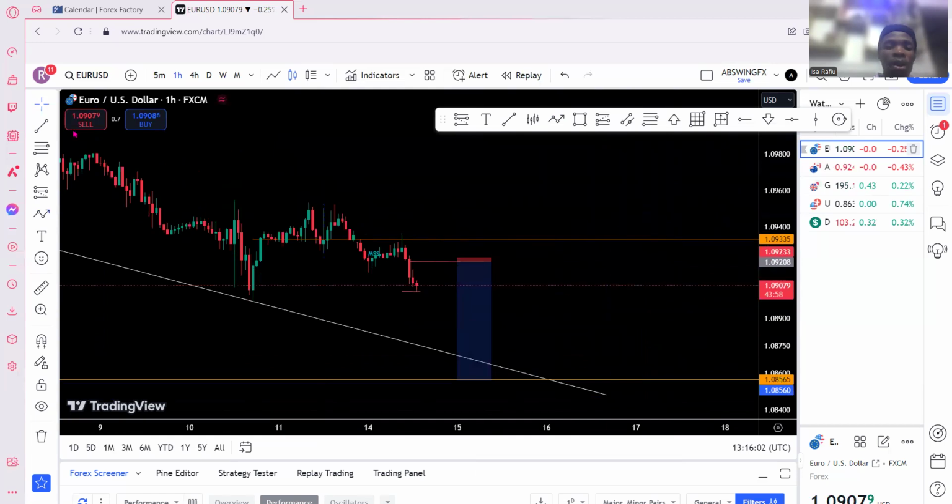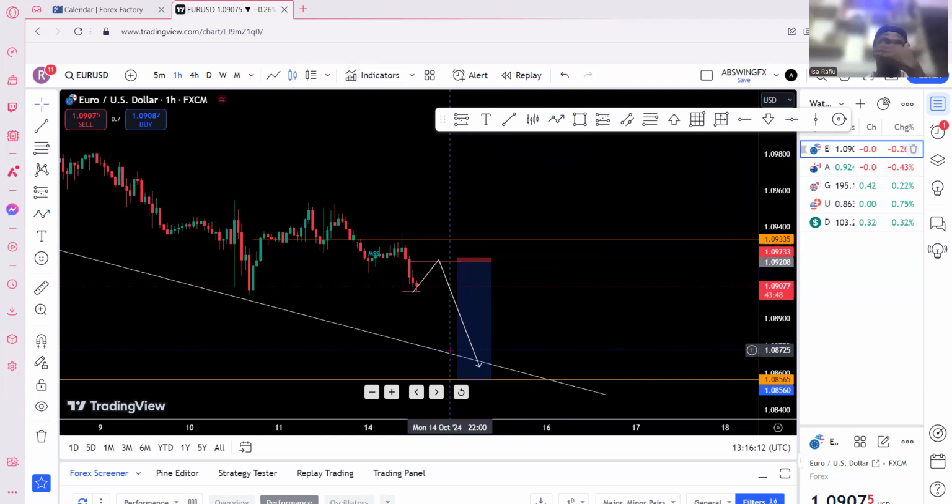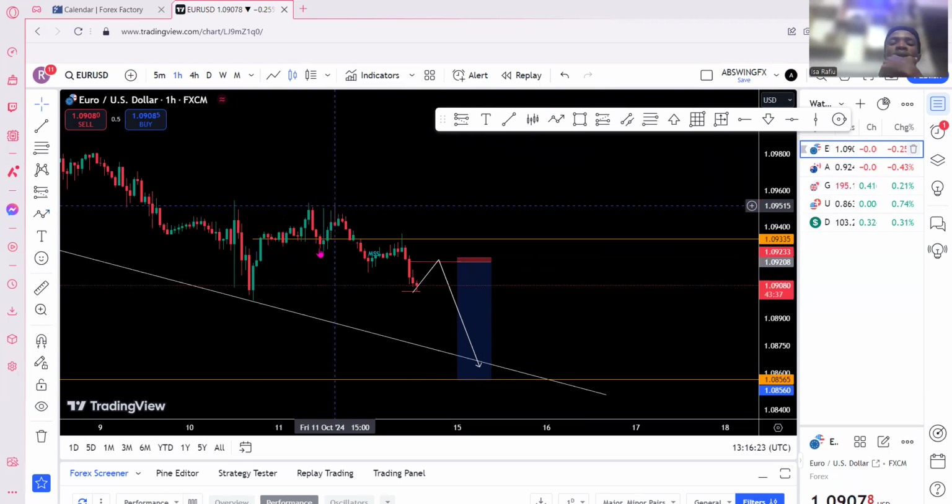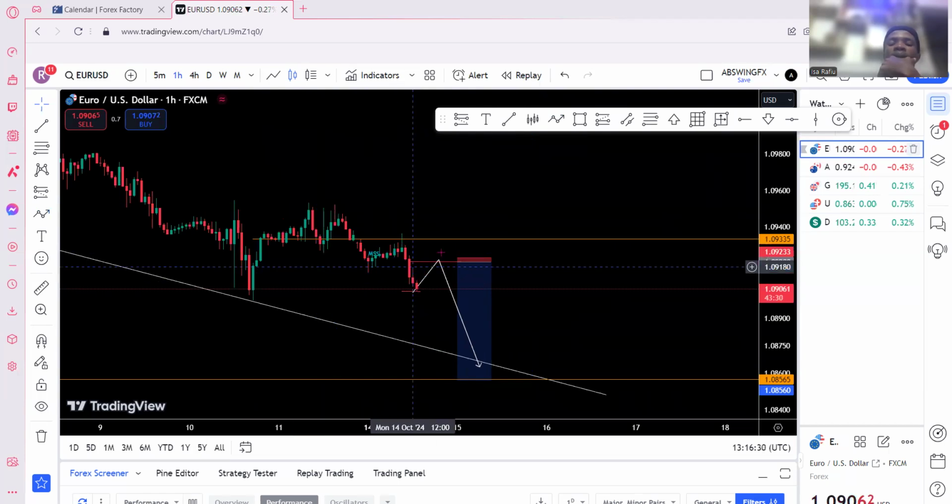So on the price, to find a way to come back to this area, and I look for the shorts. Because the market keeps making higher high, low, higher low, low, higher, low, low, higher, low.